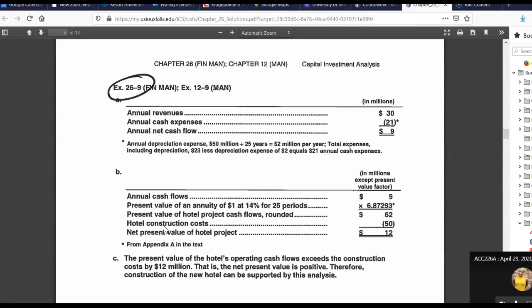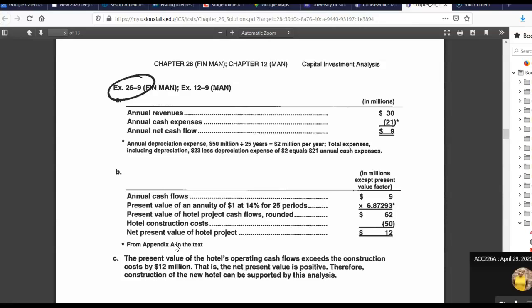interestingly enough, there is not a column for 14%. So let me tell you where you can get that number. Oh, it says it right here. Appendix A. So if you go to the back of your book, Appendix A, way at the end of the book, those charts, all those interest tables, those are the ones you got to memorize. So you see there on pages A2 through A5.